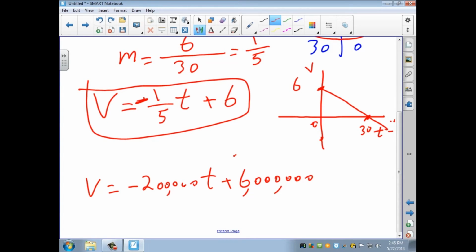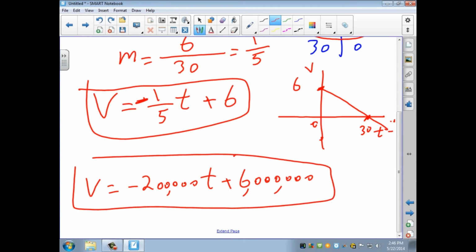So you can put different values for T from 0 all the way to 30, and figure out the value of the building at any given time.